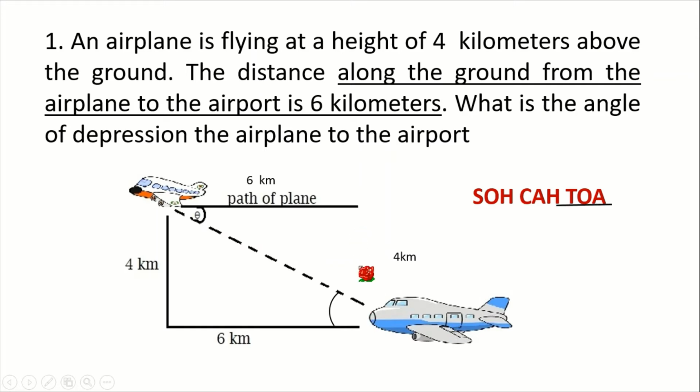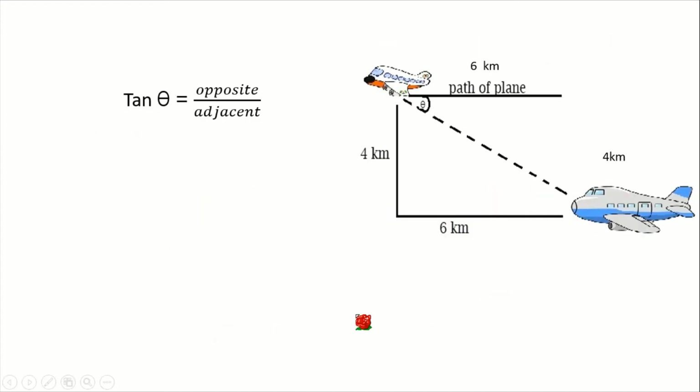If this is our angle theta, meron na tayong adjacent at meron na rin tayong opposite. Okay, so we can use tangent. Tangent is equal to opposite over adjacent. So, substitute lang natin 4 is the opposite and 6 is the adjacent. So, 4 divided by 6 is 0.6667. But because we are looking for the angle, dapat naka-degree siya. Okay?